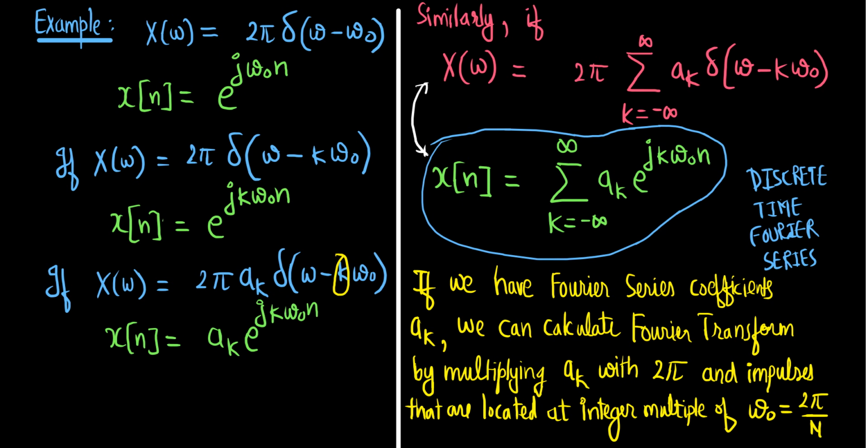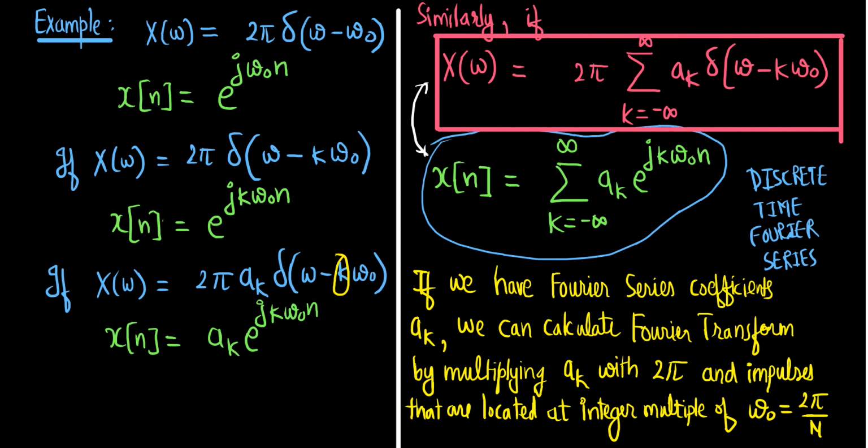Now this can be seen from this expression in red. So the expression here indicates everything we have written here. If you have a signal x of n whose Fourier series coefficients are known, that are a_k, then we can calculate the Fourier transform X of omega.